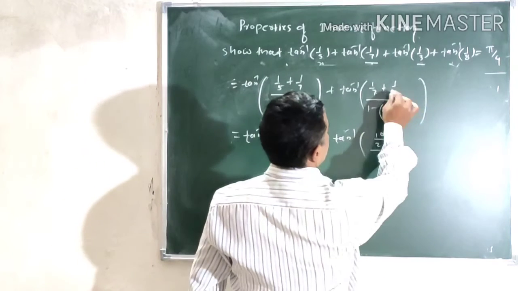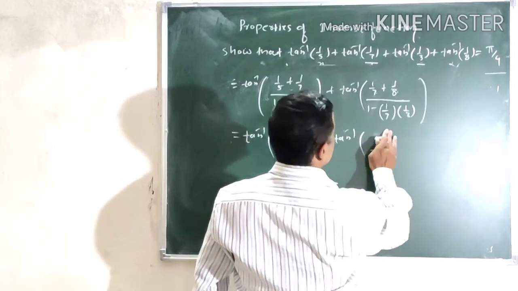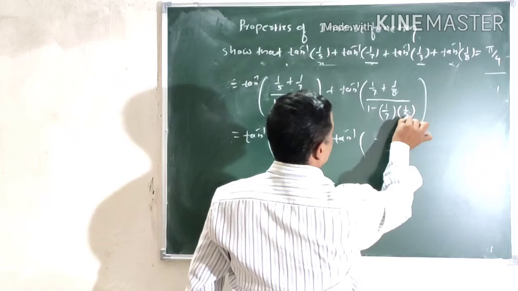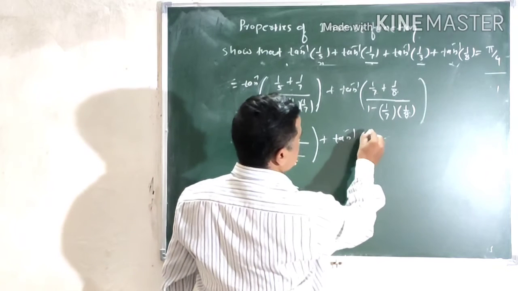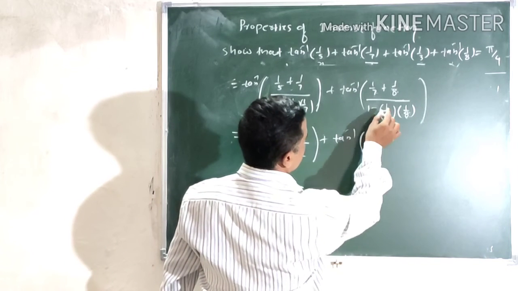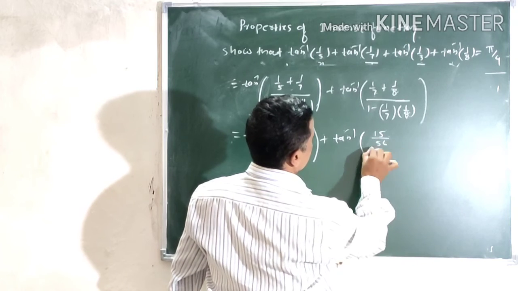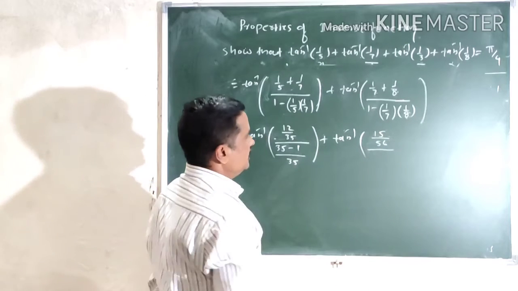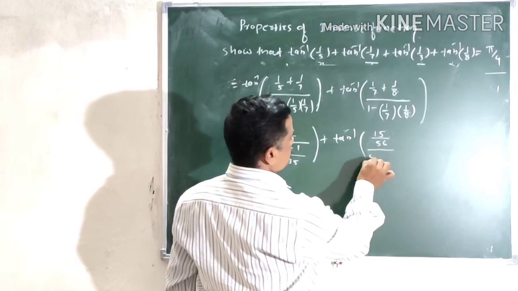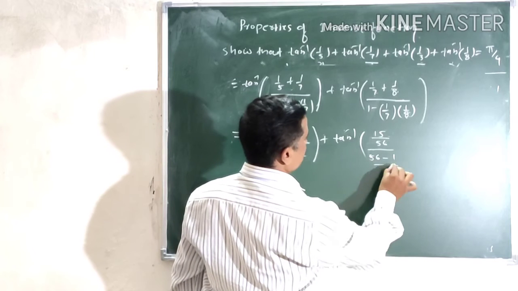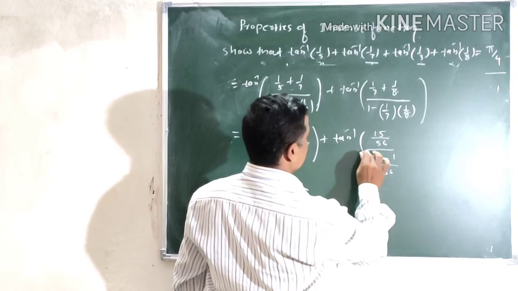Sorry, it is 1 by 8, so it is 15 by 56, again it is 56 minus 1 by 56.